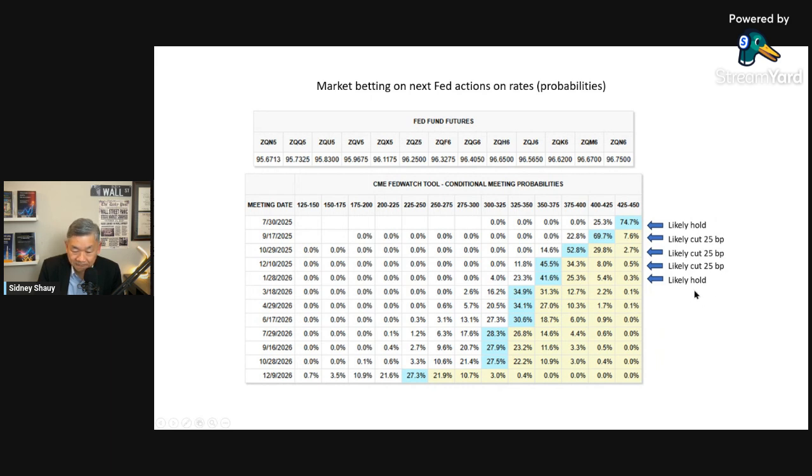But the market is betting that it's going to cut 25 basis points in September, October, and December, so by year end, 75 basis points. And next year it's probably going to hold at the beginning. So this is the profile of the rate cuts estimated by the market. This is not only an estimate; this is a real market, there's people betting money on it, so better believe it.